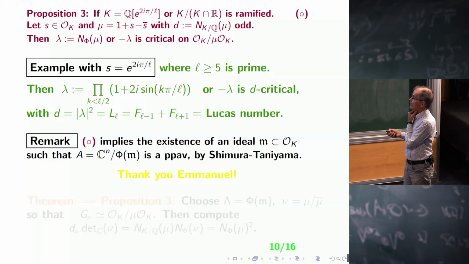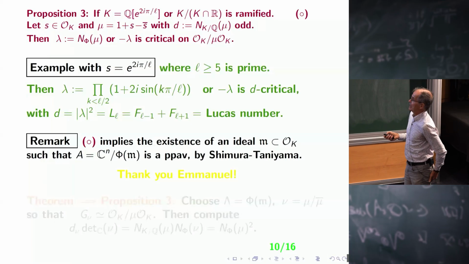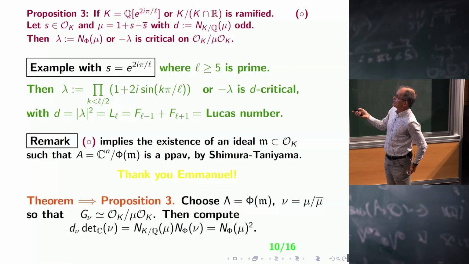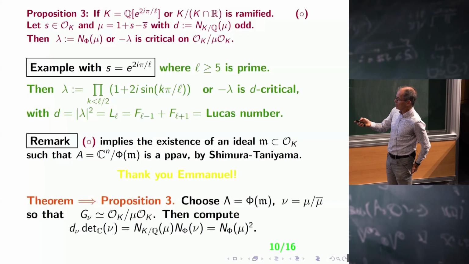And how do you see that the theorem implies proposition 3? Now we know that it's principally polarized. You just have to compute the square root of the dimension. What you have to compute, the lambda will be the square root of this dimension by the determinant of nu. But the dimension is the norm of mu, because the group is OK divided by mu OK, so the cardinality of this group is the norm.